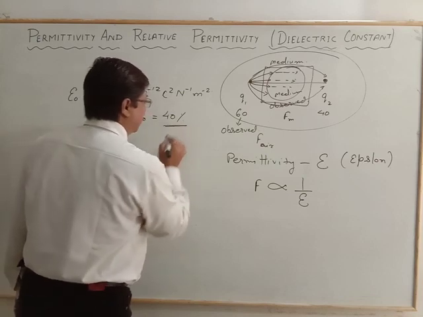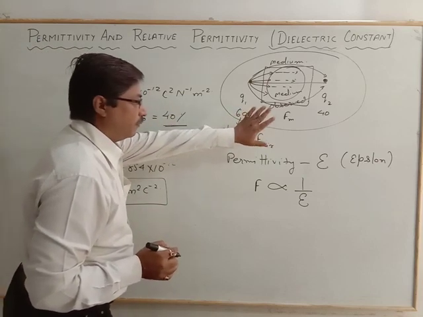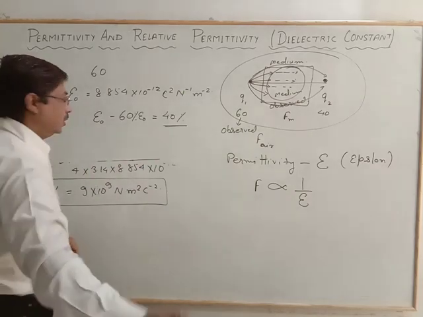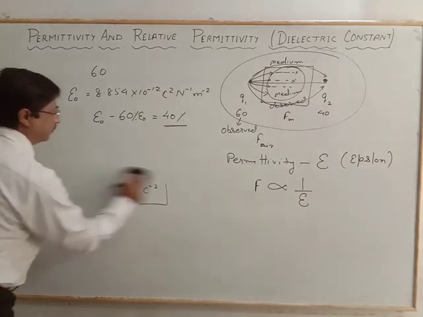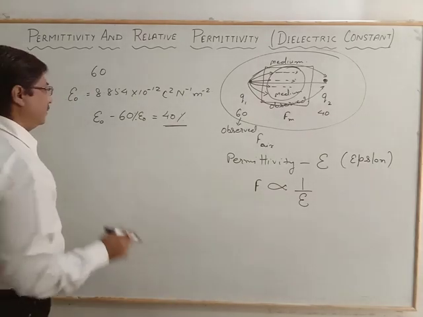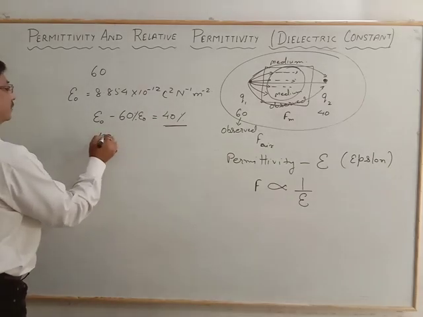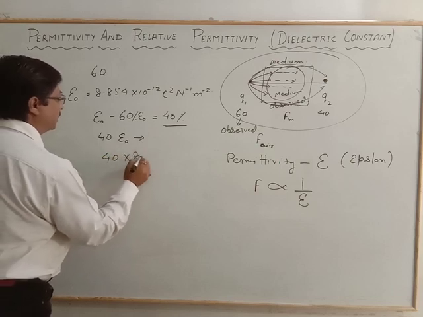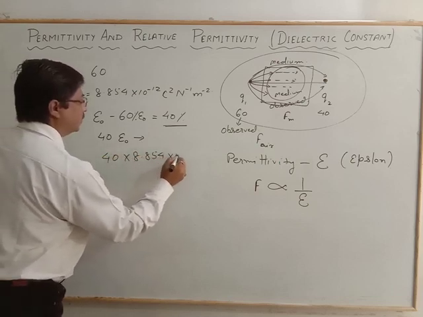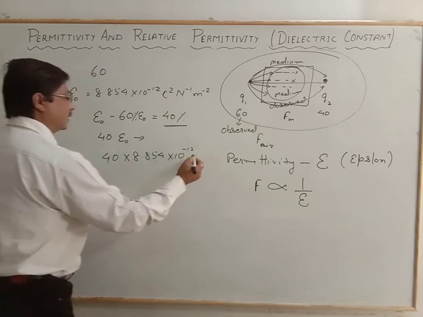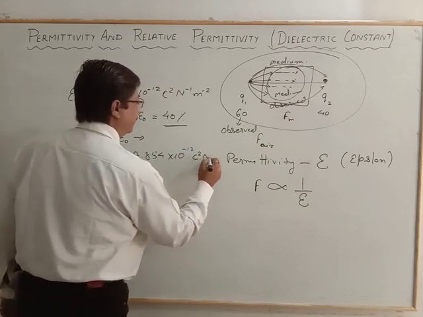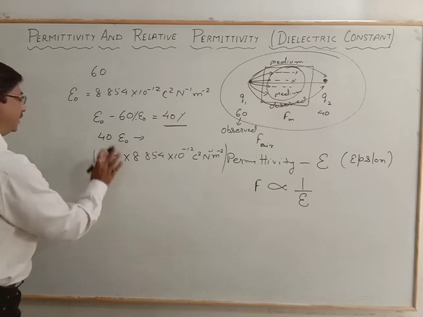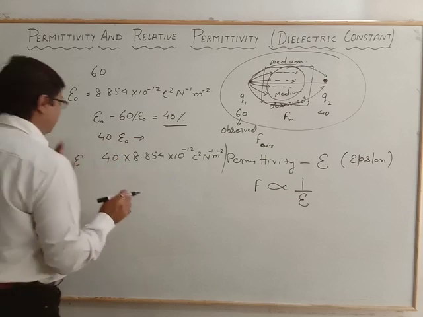That is the relation, and if the number 40 is multiplied with epsilon itself, then it will be the absolute value. That means 40 into 8.854 into 10 to the power minus 12, and the unit is Coulomb square per Newton per meter square.